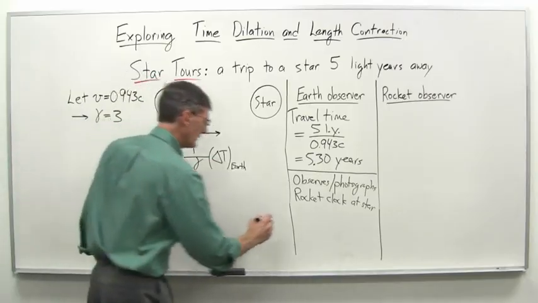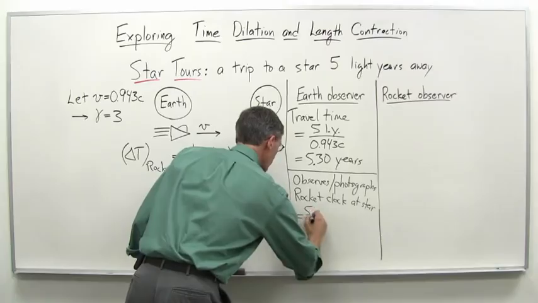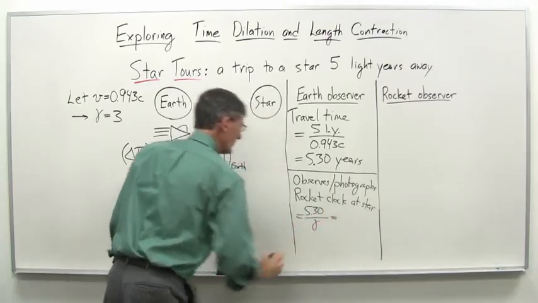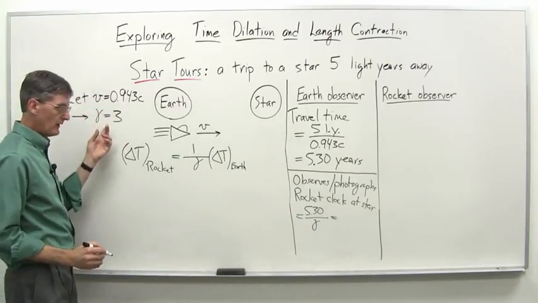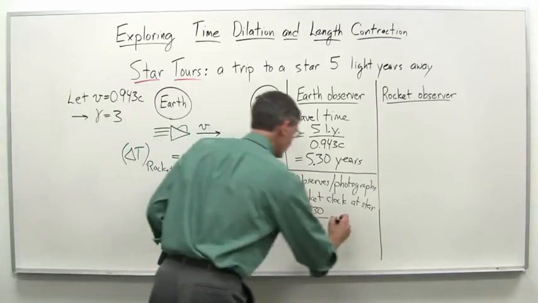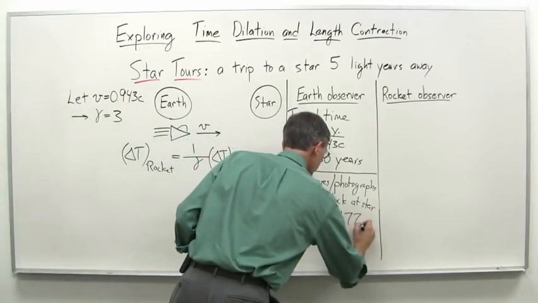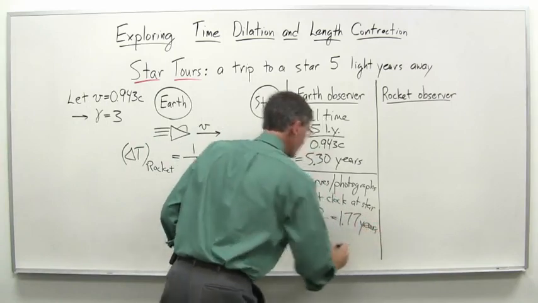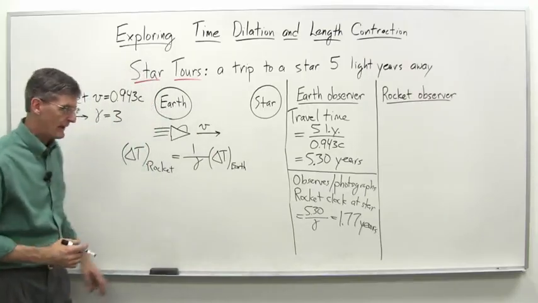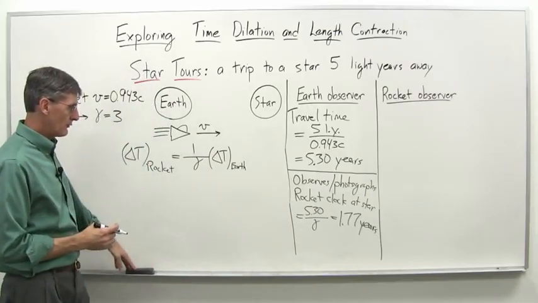And so that equals 5.3 years over gamma, which of course is 3 here. And if you do 5.3 divided by 3, you get 1.77 years. Of course, I've worked out the numbers beforehand, so I can't do that in my head automatically, but just remember the numbers we're using here.